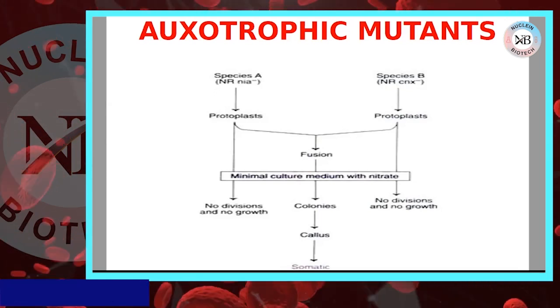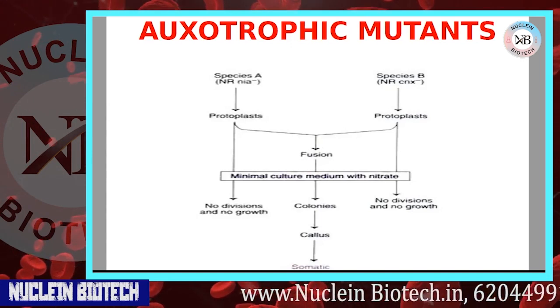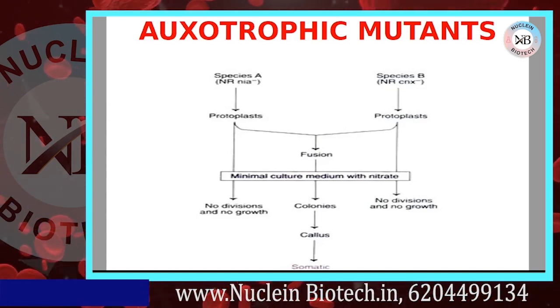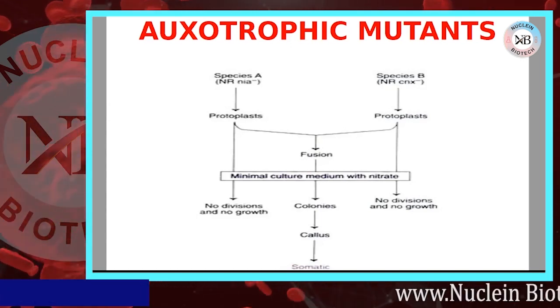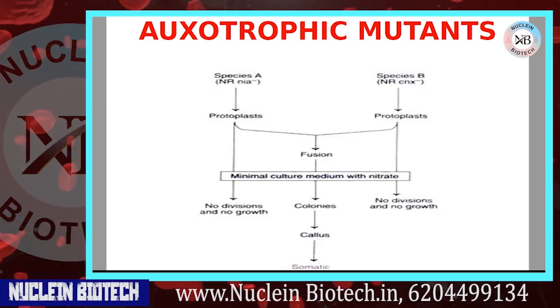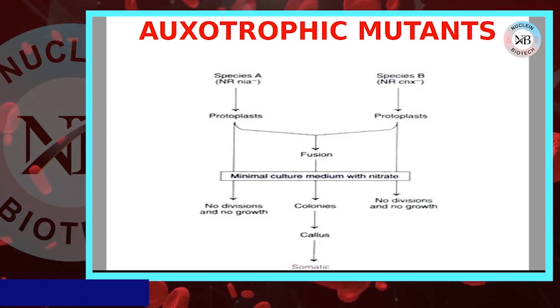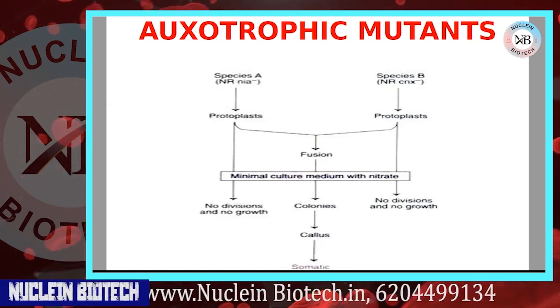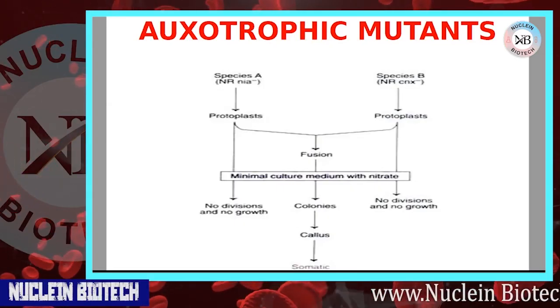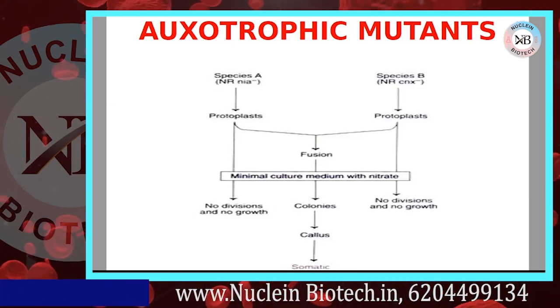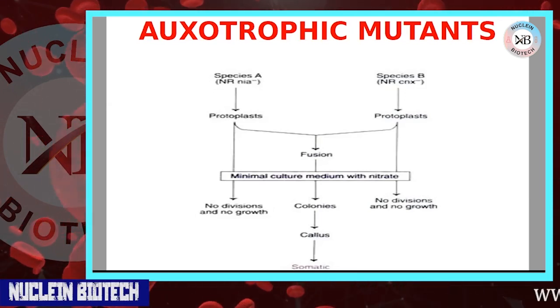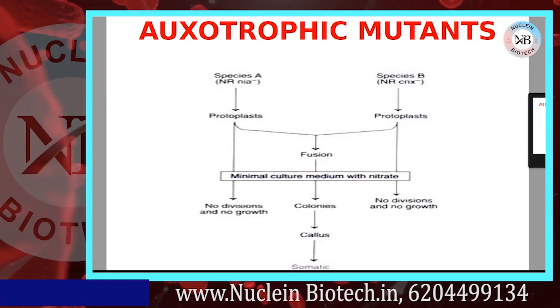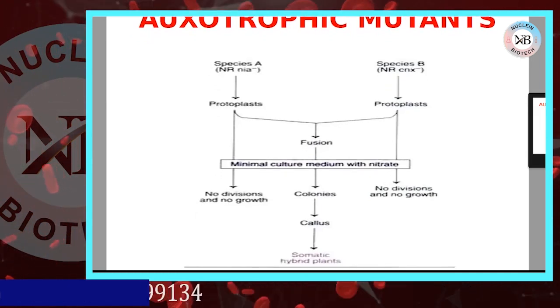Next is the visual selection method of hybrid cells, which is very tedious but very efficient. In some somatic hybridization experiments, chloroplast deficient non-green protoplasts of one parent are fused with green protoplasts of another parent.